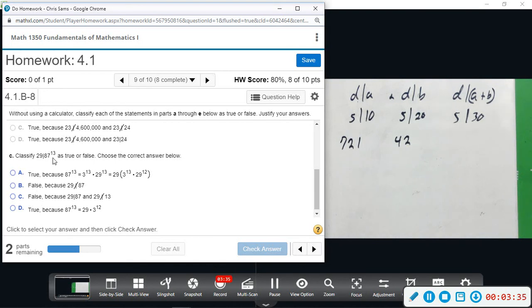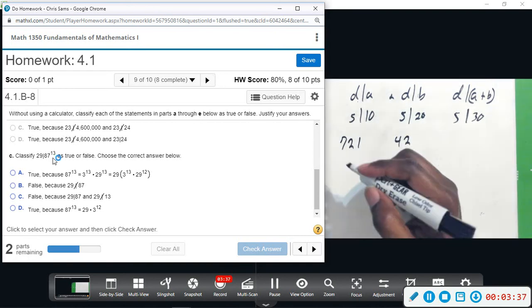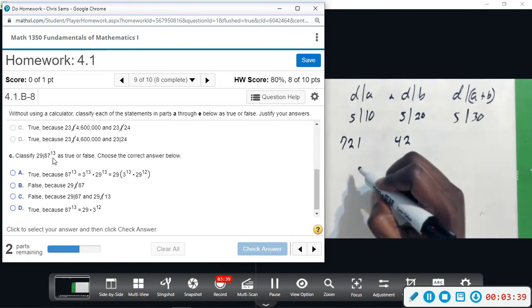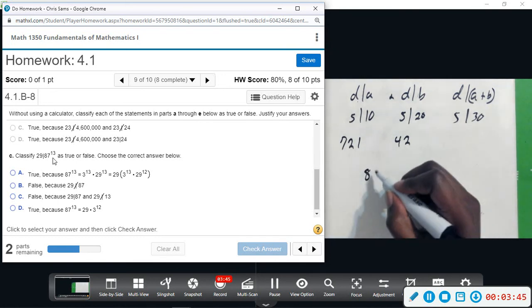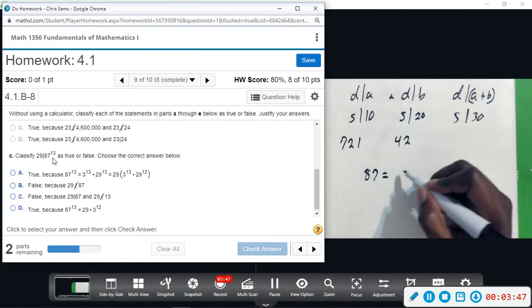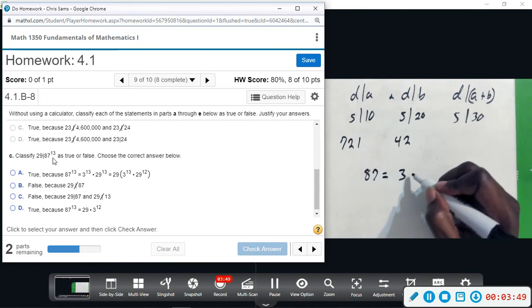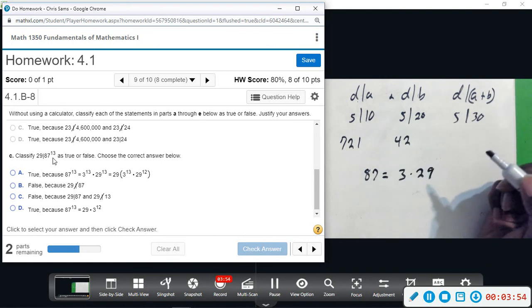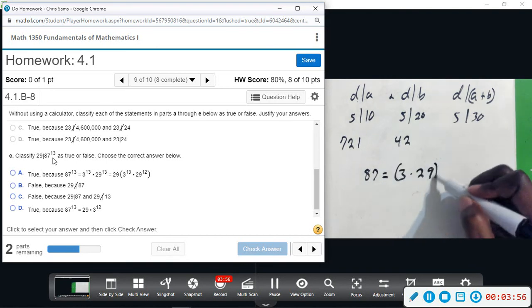Okay, yes. So what we're doing here is 87 is equal to 3 times 29, to the 13th.